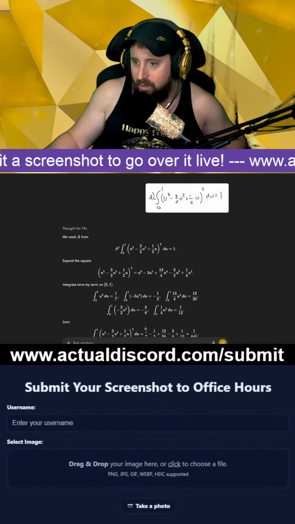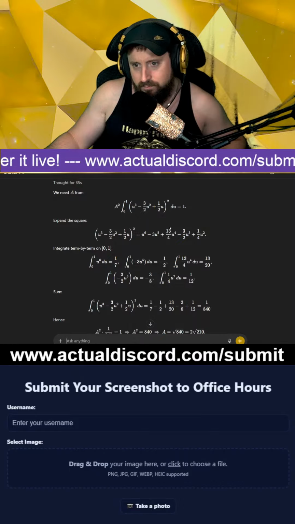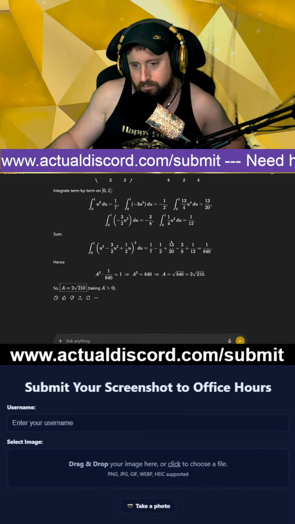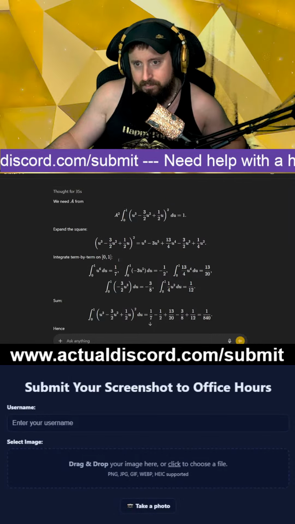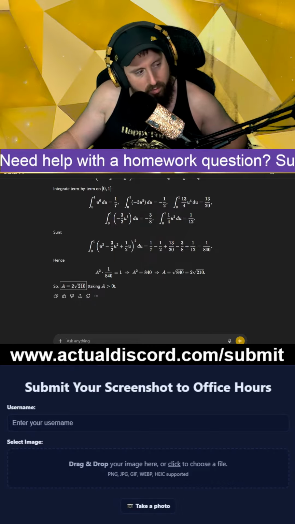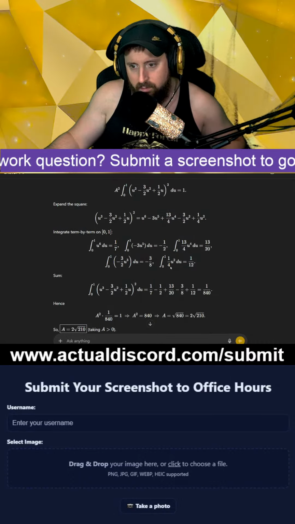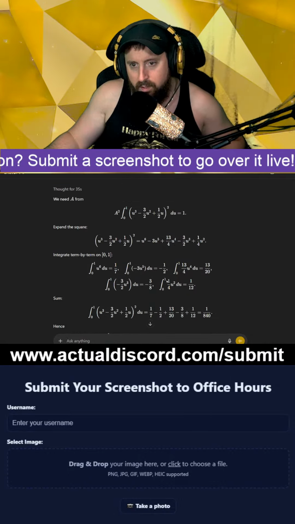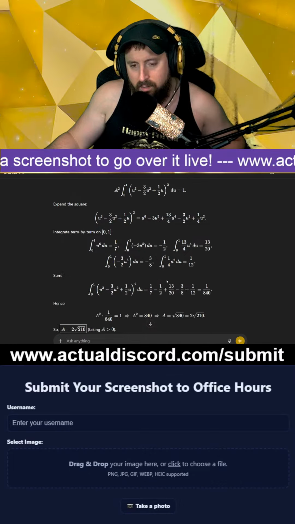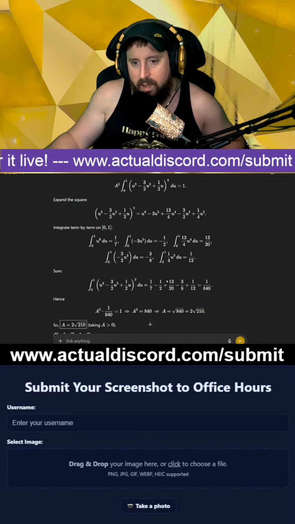Okay, let's see. What do we got? Okay, so this was the integral. I like this. A is equal to 2 times the square root of 10. Well, I think something's wrong here. A squared over 140. Oh, wait.